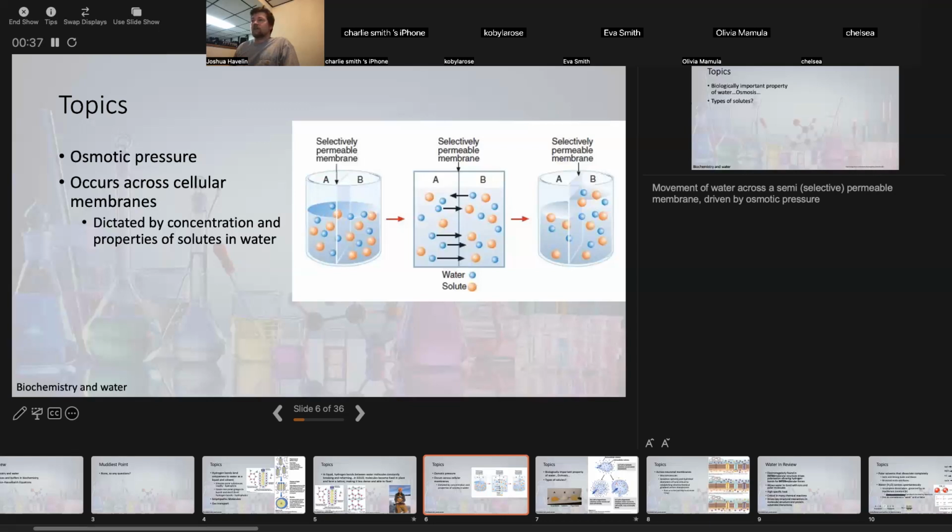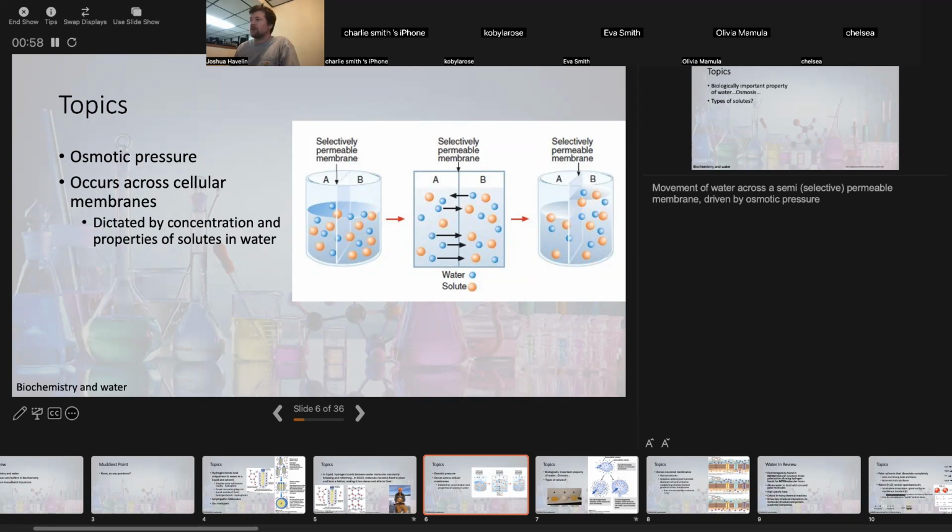So where this comes into perspective for our class is that if there's a difference in the concentration of solutes across a selectively permeable barrier, we can see changes in the way water will move between those different solutions, right?